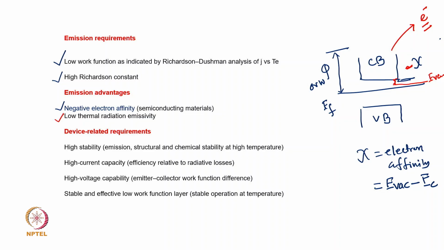But when we make a device, there are several requirements related to the device. The stability should be high, the current capacity should be high, the voltage capability should be high, and we have seen how one can change the voltage capability, and there should be a stable and effective low work function layer.